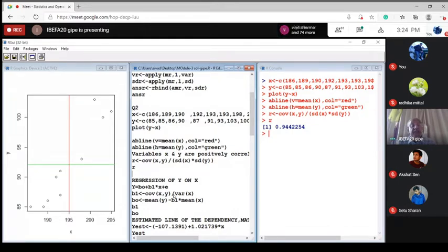That means as X increases, Y also increases. And this complete discussion is a straight line.